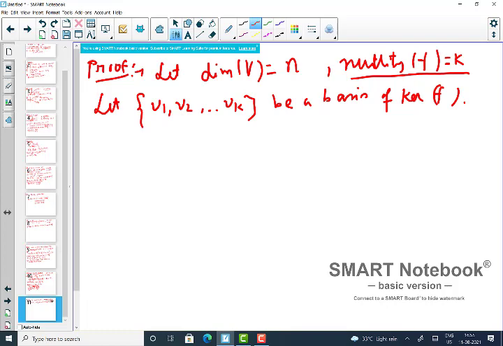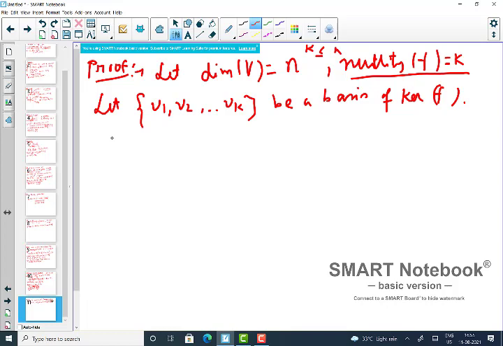These vectors v1, v2, vk are linearly independent vectors inside V, and the dimension of V is n, so k is less than or equal to n. The moment you have linearly independent vectors, you can extend them to a basis.